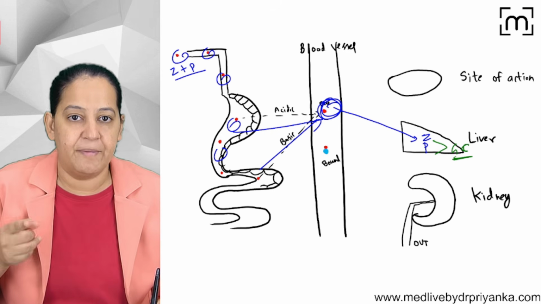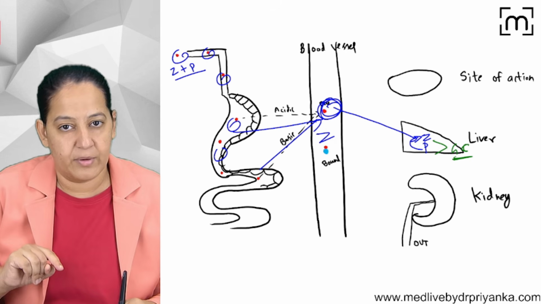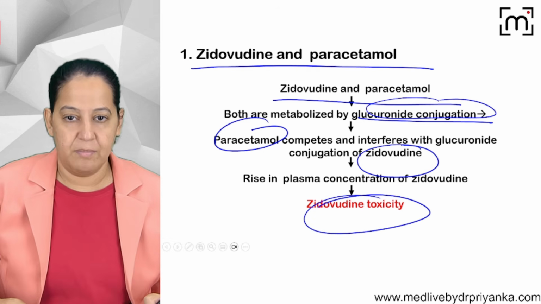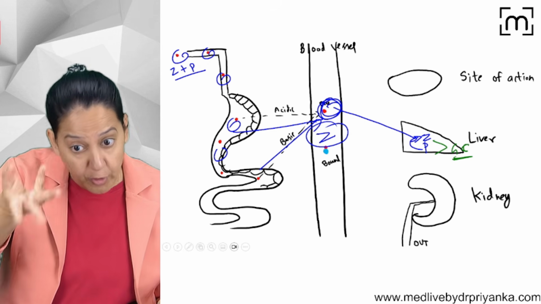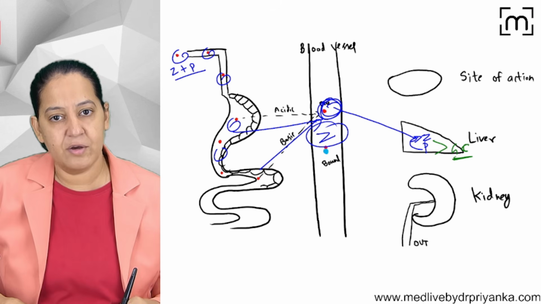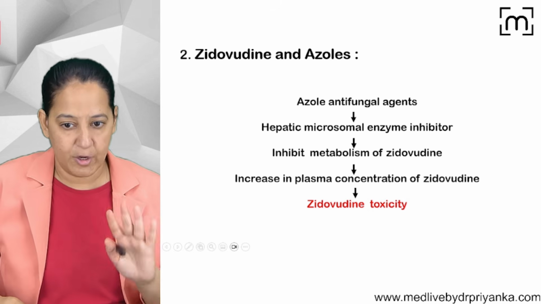Okay, paracetamol will inhibit the conjugation of Zidovudine. So Zidovudine will remain in the blood only. It will not get metabolized and its toxicity can happen. So Zidovudine toxicity, bone marrow suppression can happen because its blood concentration will increase because it cannot go in the liver and get metabolized. Okay, I hope you can get it.